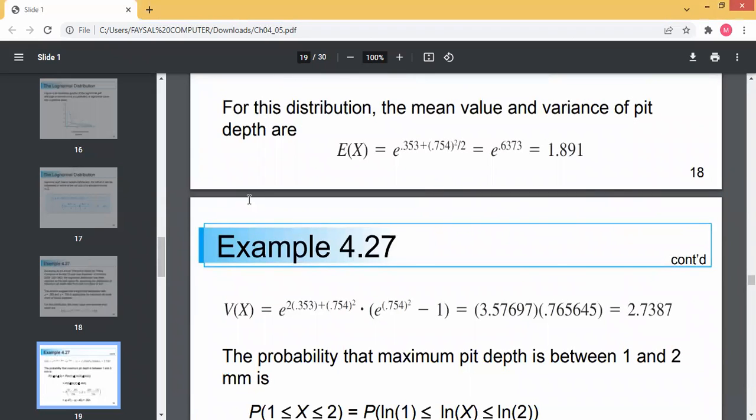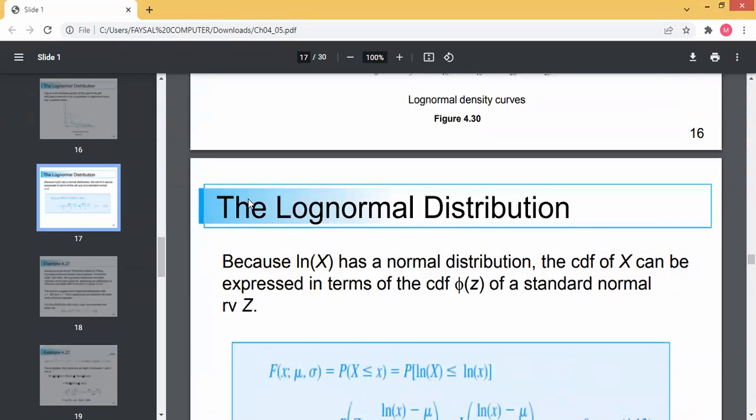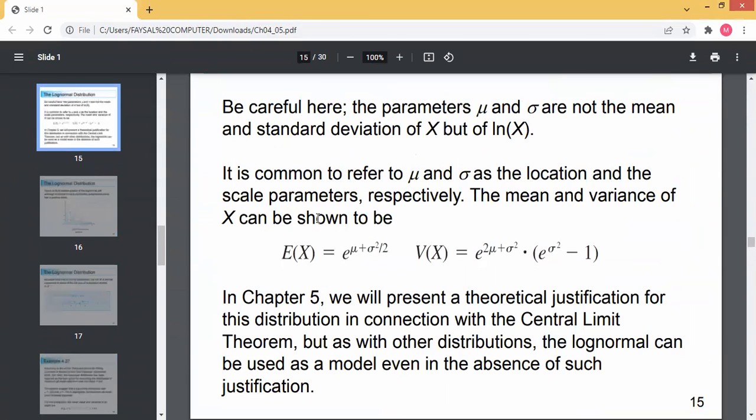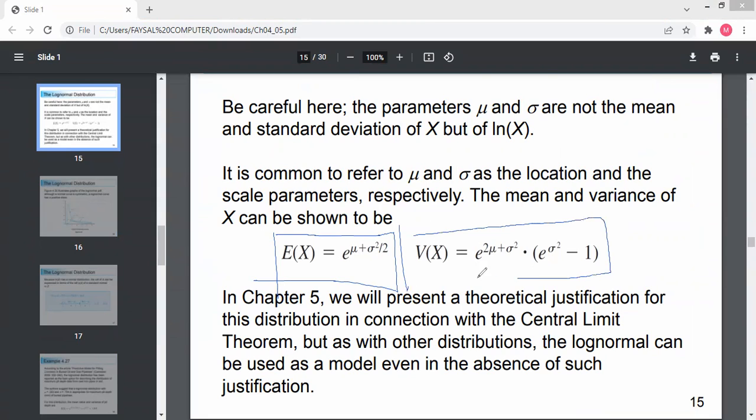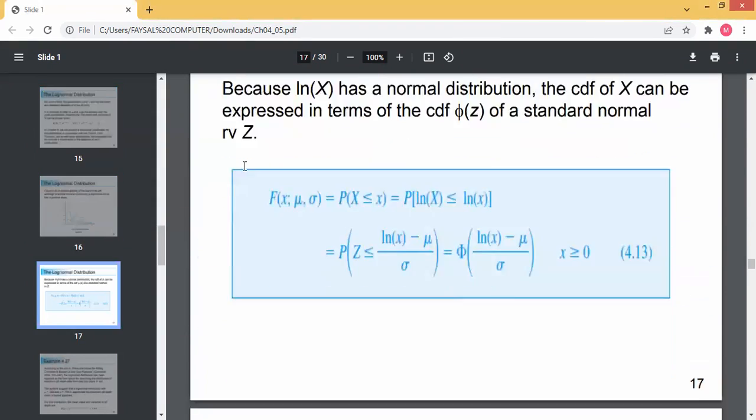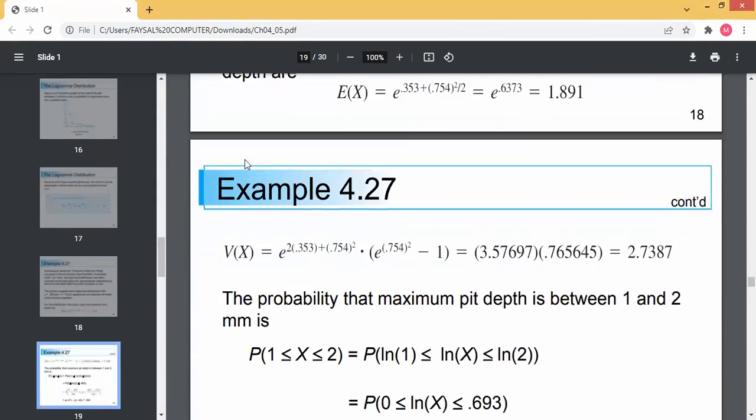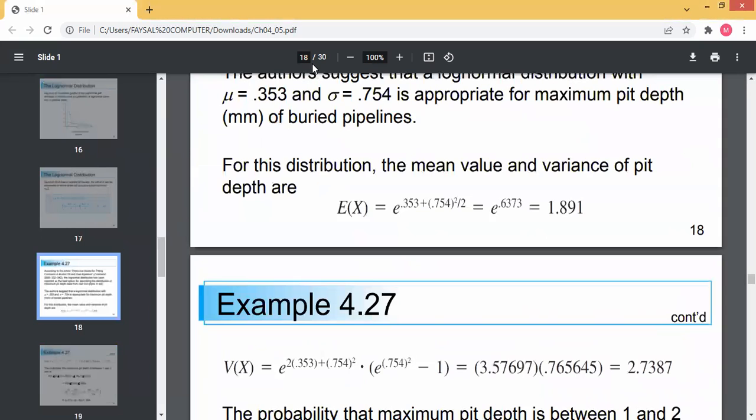Now for V of X, this is basically written here. The E of X value is written here: e power mu plus sigma squared divided by 2. Now the V of X value is this one. I have applied it step by step here. So how to find V of X?